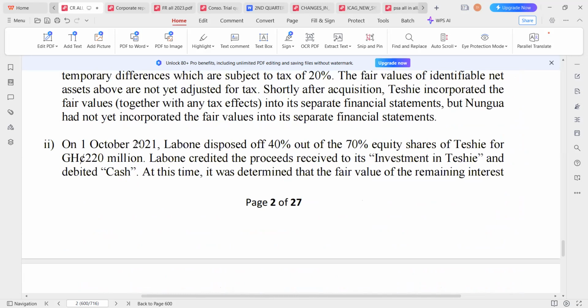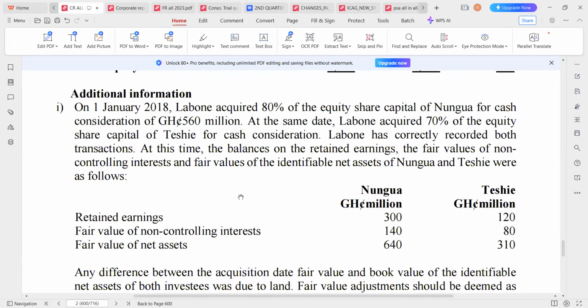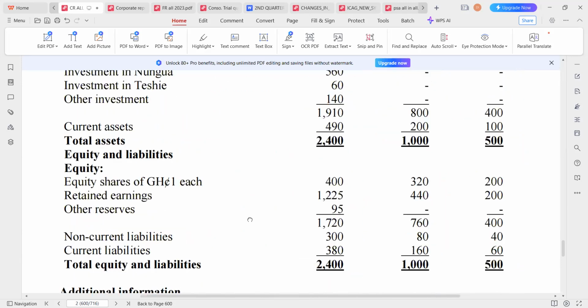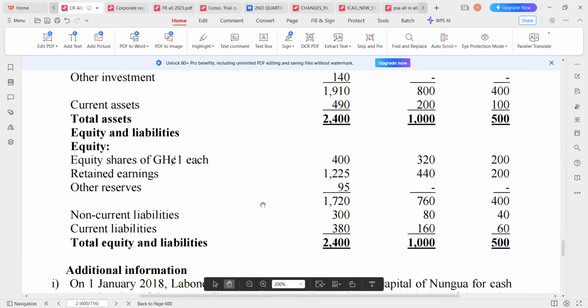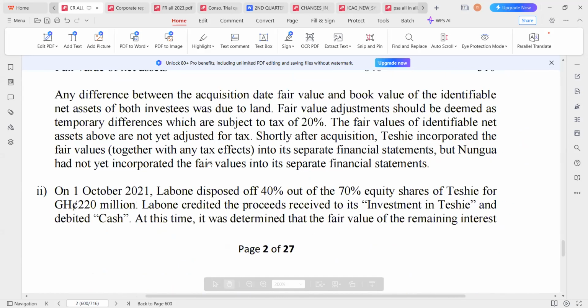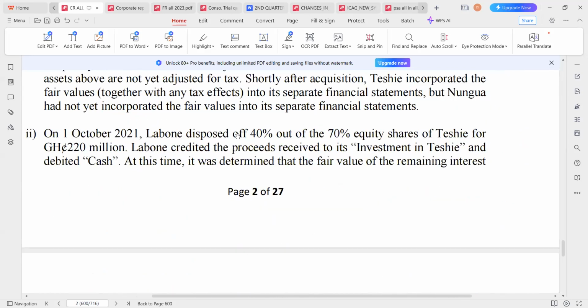They say on October 1st, 2021, meanwhile we are preparing the financial statement up to 31st December 2021, Laboni disposed of 40% out of the 70% of the equity share.